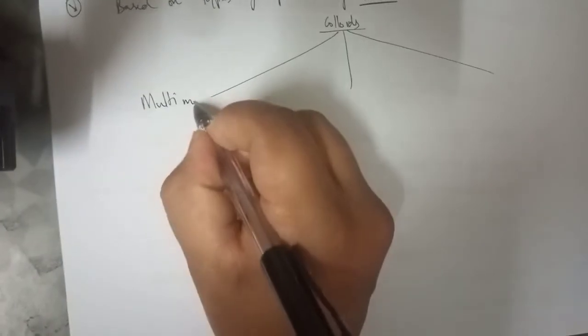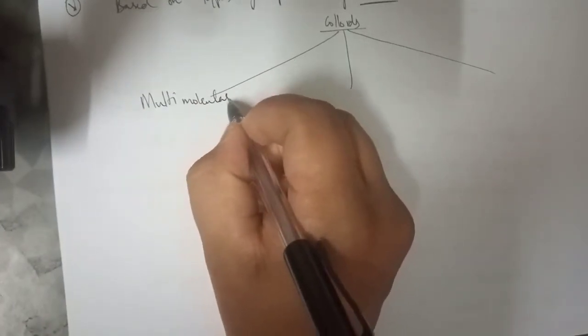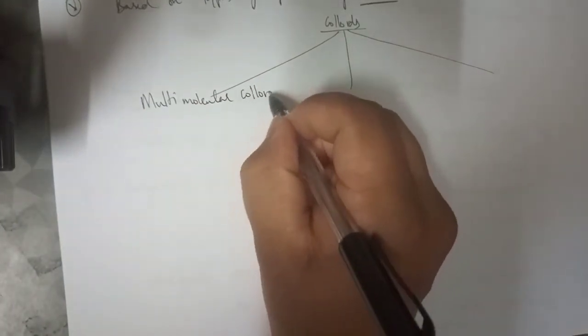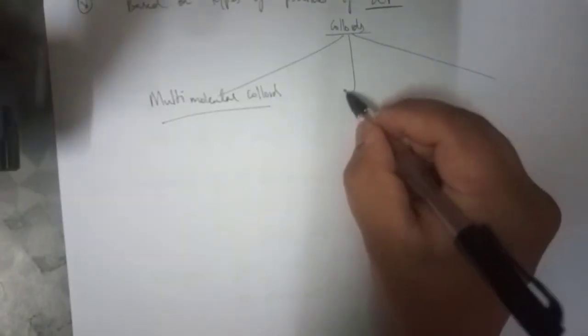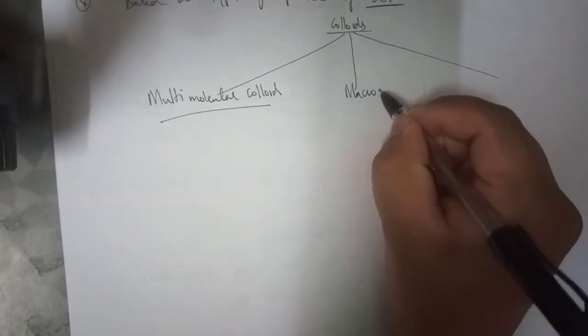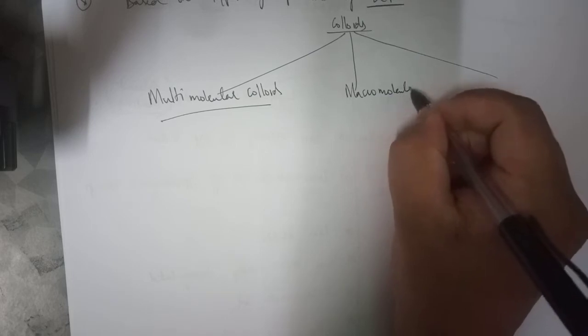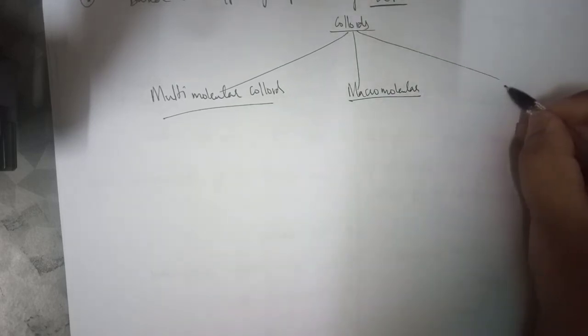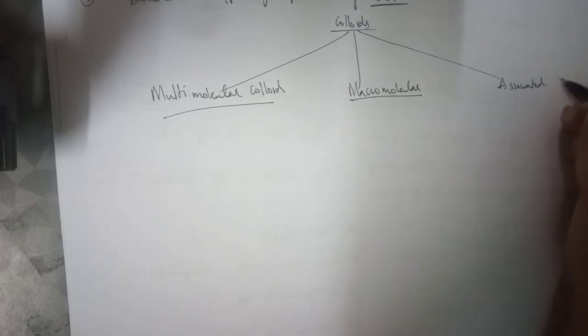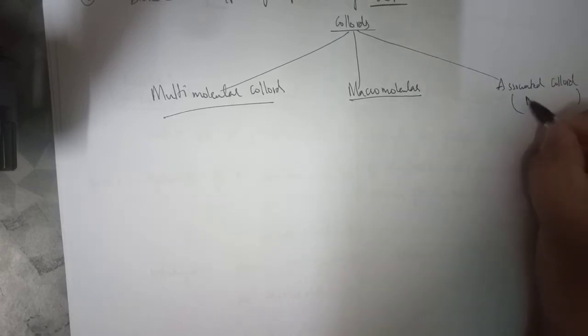One is multi-molecular colloid. The second one is macromolecular colloid. And the third one is aggregate or associated colloid, which is also called micelle.